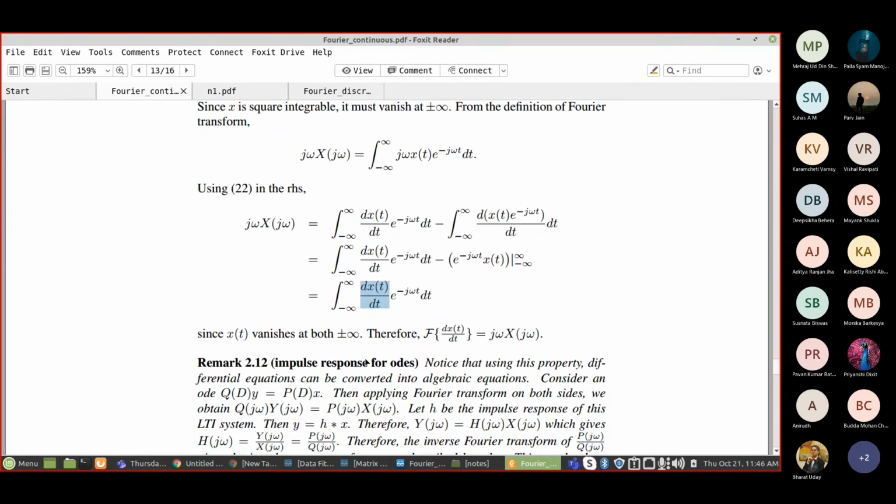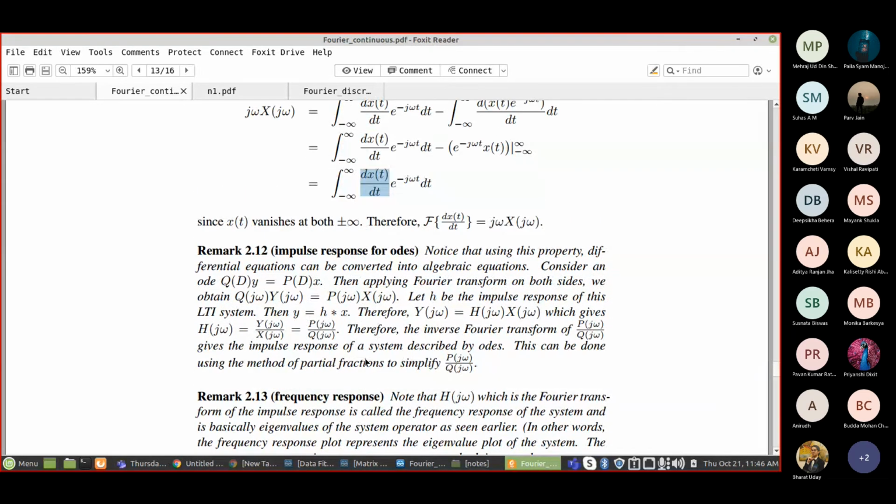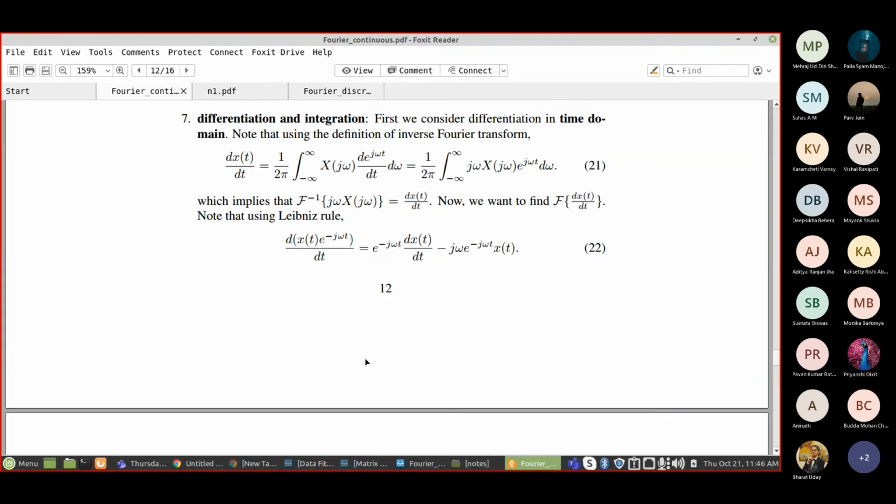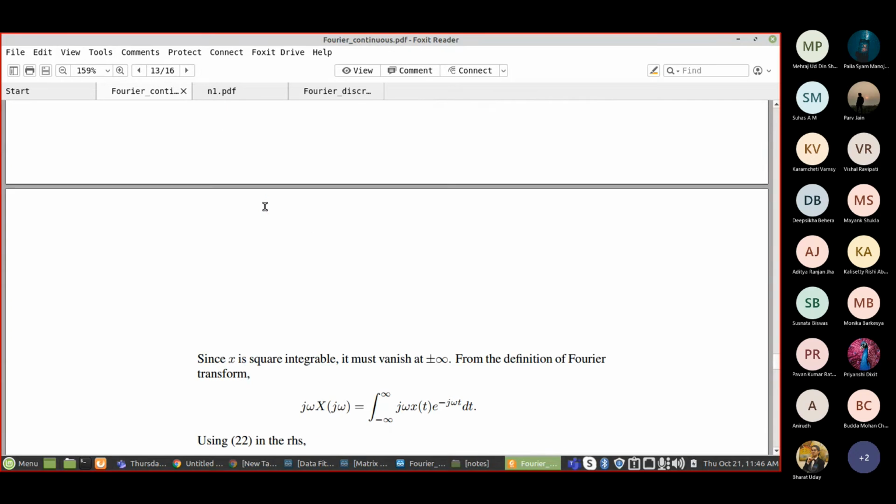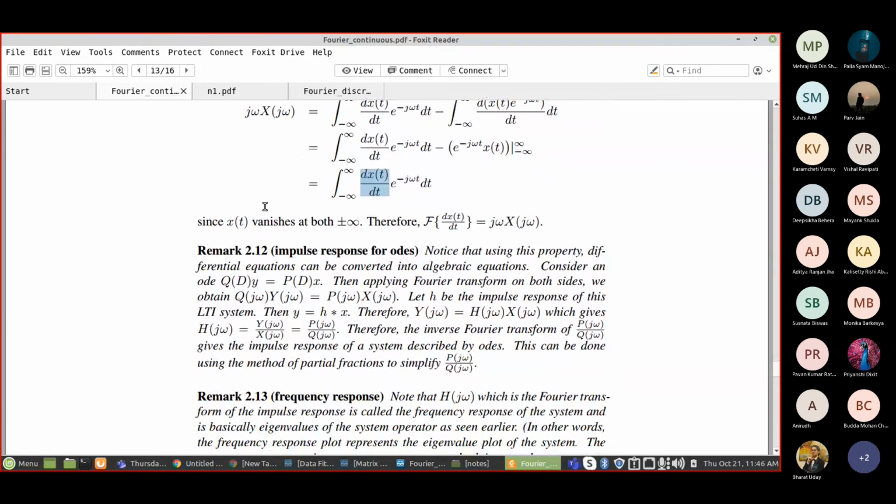And now you can use this differentiation rule to simplify ODEs. Any differential equation of any order, so of course linear, time invariant. Imagine any differential equation like this. This is your output and this is input.